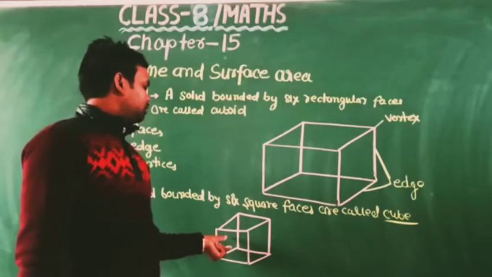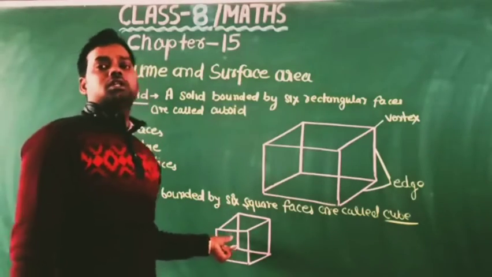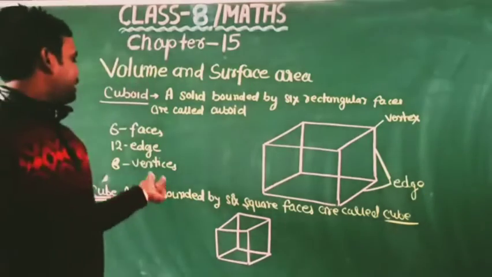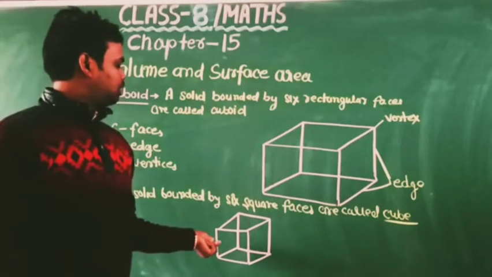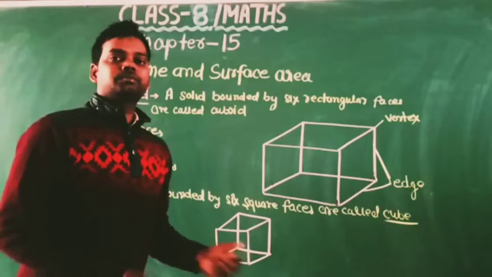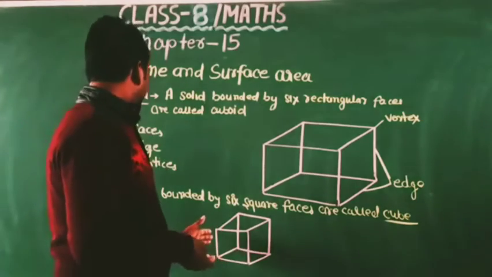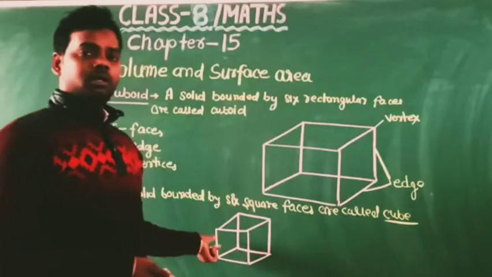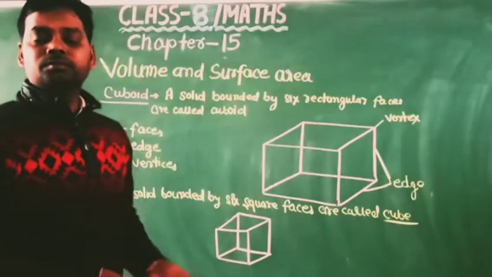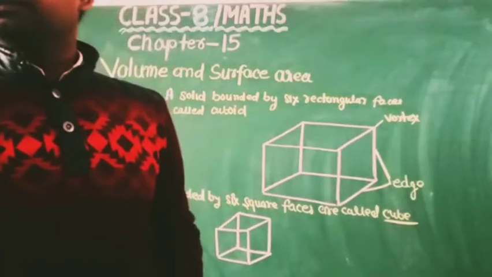In cube all faces are equal to each other, and same as cuboid it has 12 edges and 8 vertices. Okay, so this is the figure of cube.